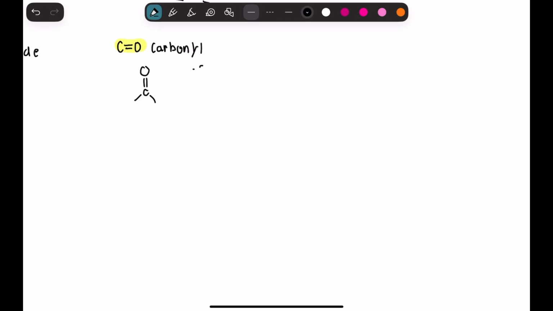This matters because it's strongly polar, it's also very reactive, and it's also central to metabolism. But carbonyls can split into two subtypes.